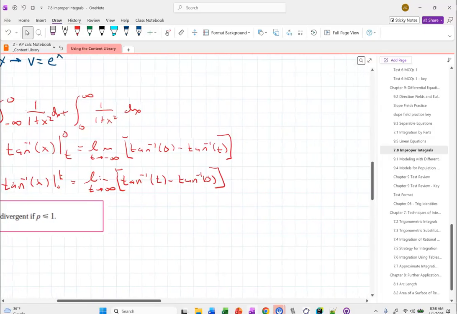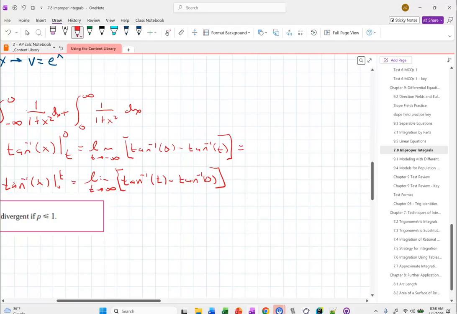All right. What's tan inverse of 0? Oh, it's 0. That's right.